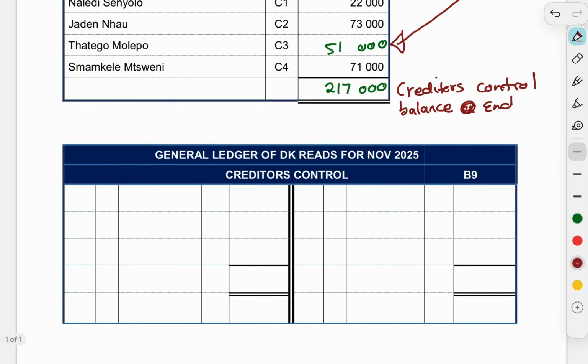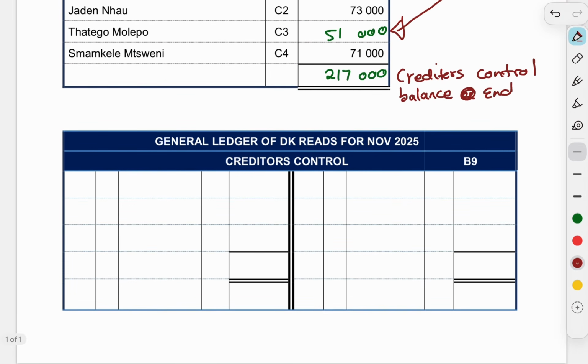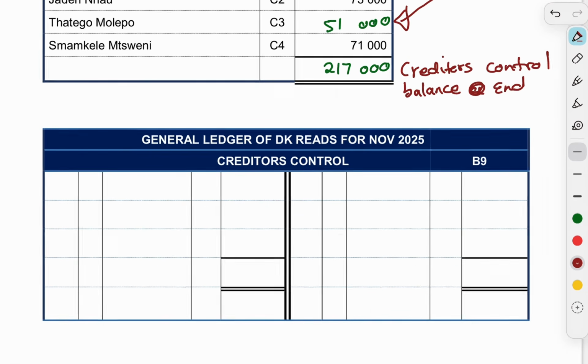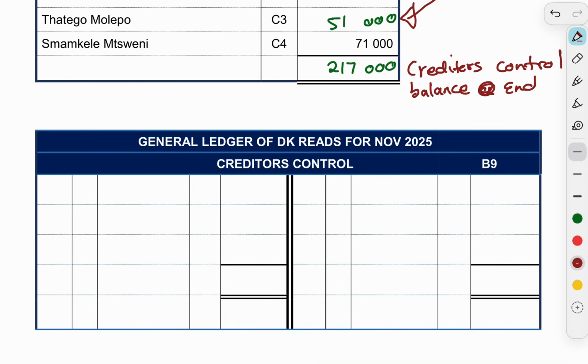Now we are going to look at the creditors control account. Before we start, let us analyze it. Creditors control account is a liability account. What do we know about liability accounts? They increase on the credit side and decrease on the debit side.